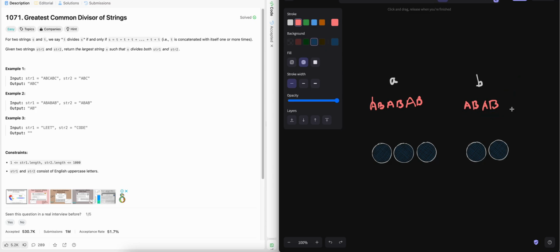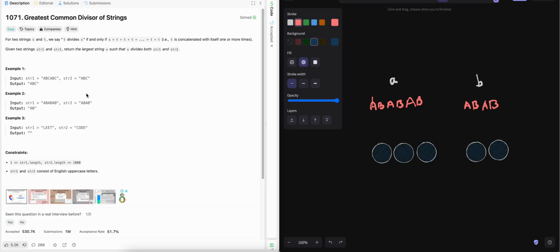Okay, so let me clear that. Now we have been given two strings str1 and str2. Return the largest string x such that x divides both str1 and str2. What they are trying to say is, we'll be given two strings str1 and str2, and there is one smaller component x which is present in both strings.